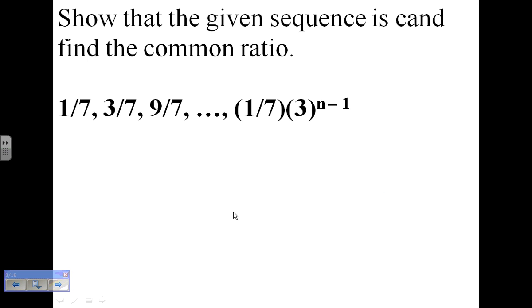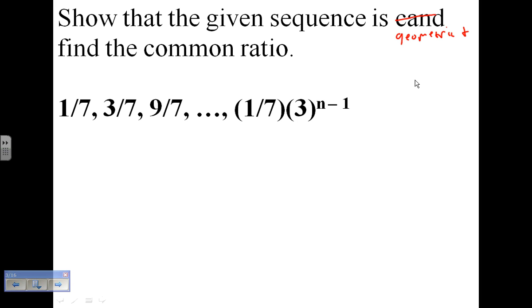Moving on. Show that the given sequence is geometric and find the common ratio. Okay. 1/7, 3/7, 9/7, 27/7.